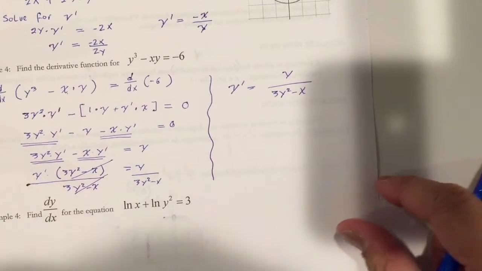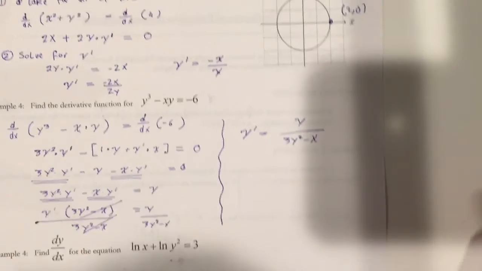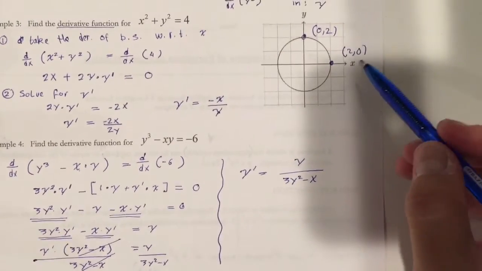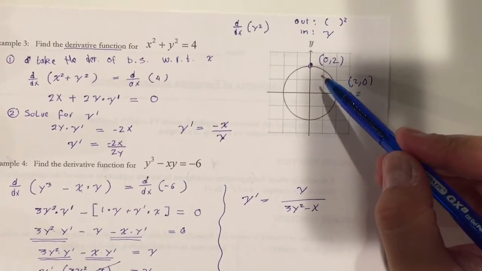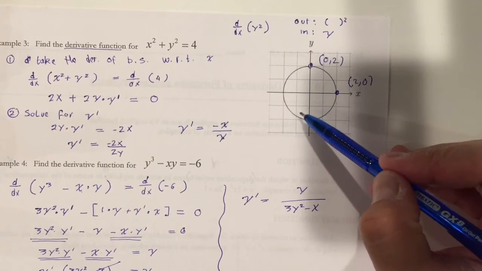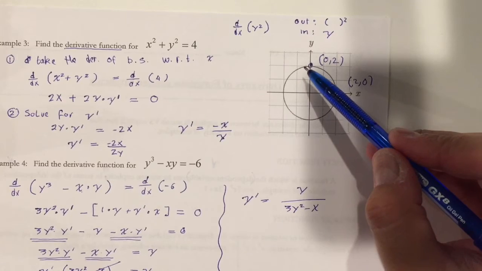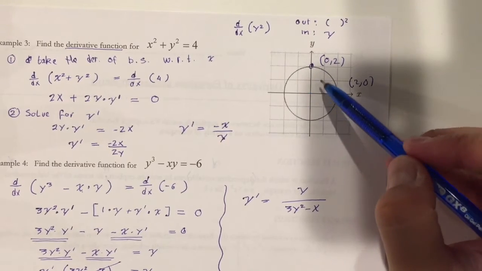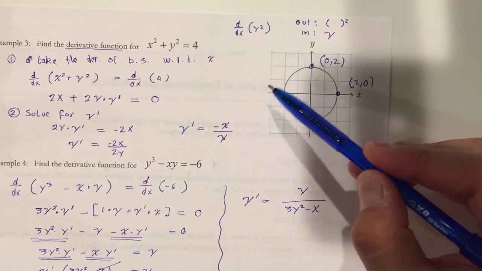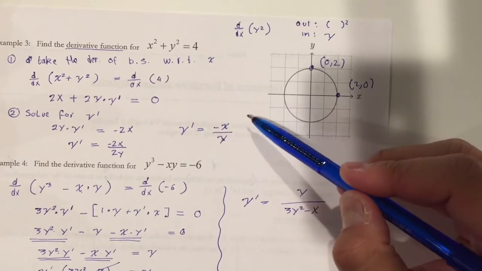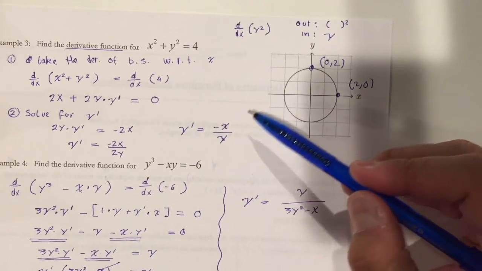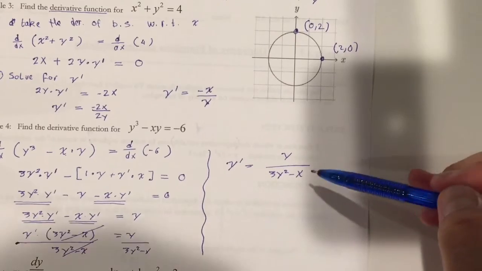Now, usually for an implicitly defined function, in order to know the derivative or slope at a point on the graph, you really need to provide an ordered pair instead of just the x value, because the derivative function involves an x value and a y value, just like this one.